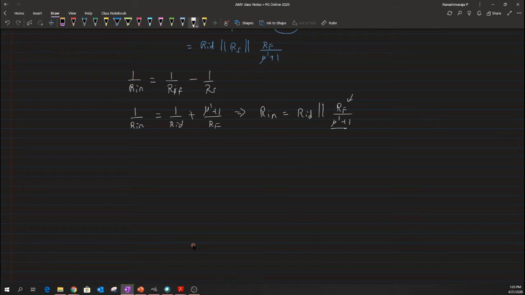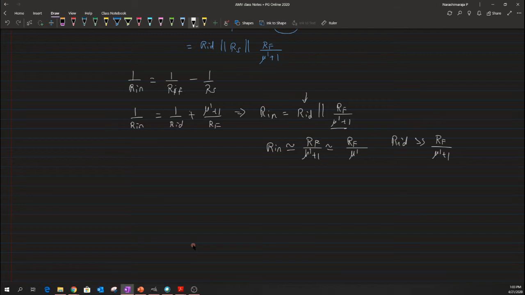And due to which, if this RID is comparatively larger than this entire factor of Rf by mu prime, then one could approximate this Rn. In that case one could write Rf divided by mu prime plus 1, and again if mu prime is much larger than the value of 1, then it could be rewritten as something like this.